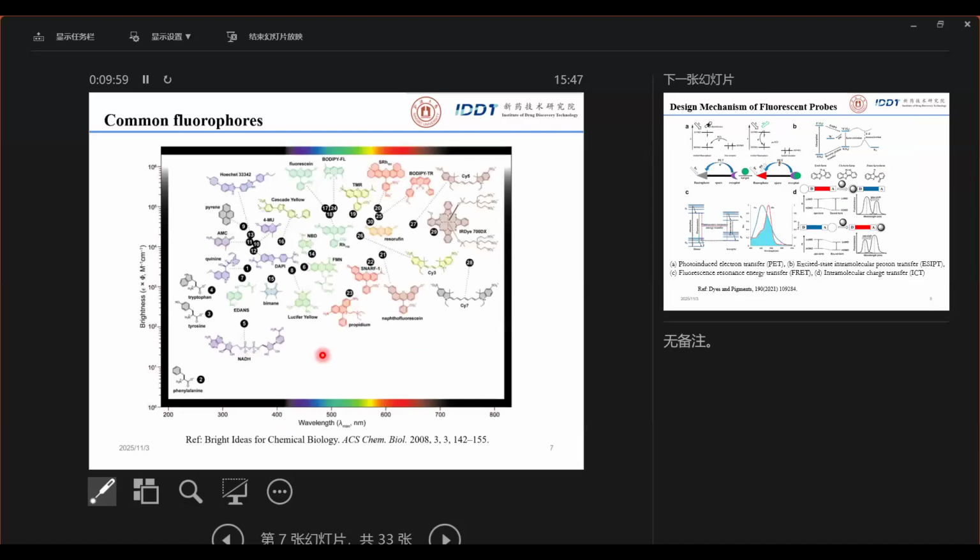This picture shows the commonly developed fluorophores, where you can see the wavelengths from blue to near infrared. For example, BODIPY or rhodamine fluorophores have wavelengths at around 600, which shows orange or yellow.